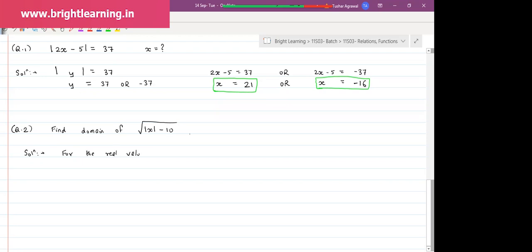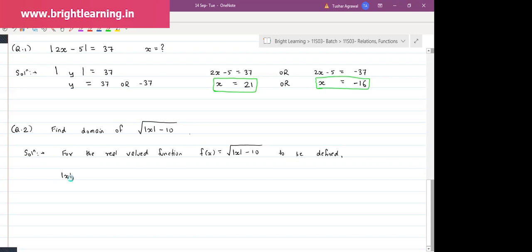For the real valued function f of x is equal to under root of mod x minus 10 to be defined, the inside expression of the under root should be greater than or equal to 0.